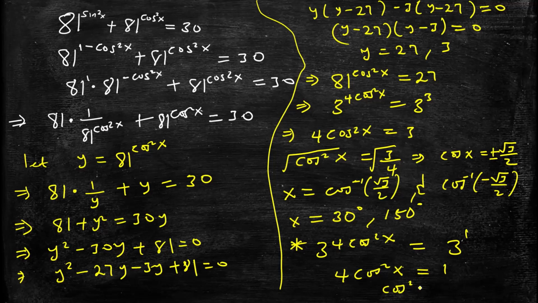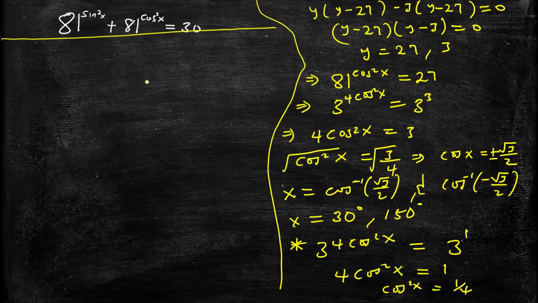Cos squared x is 1 on 4. By taking square root on both sides, cos x will be plus or minus half.